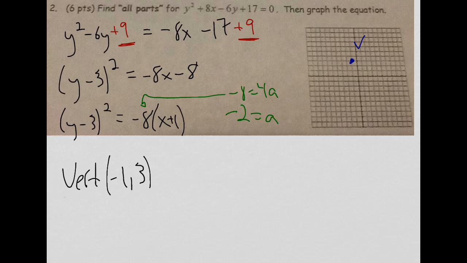You can be a little bit more accurate on your paper, hopefully. So I'm going to go 2 units to the right, or to the left, and that becomes my focus. So my focus is at negative 3 comma 3. I get the negative 3 by looking, or I can add this negative 2 with that negative 1 to get this guy.